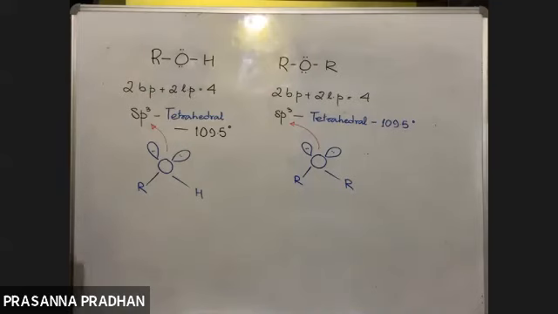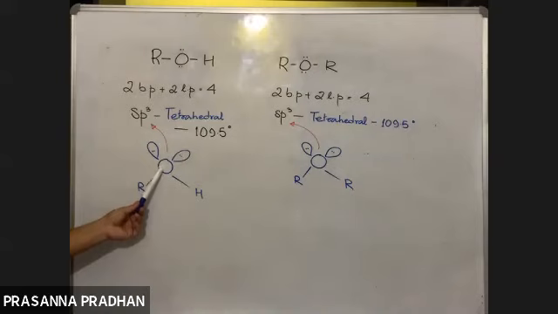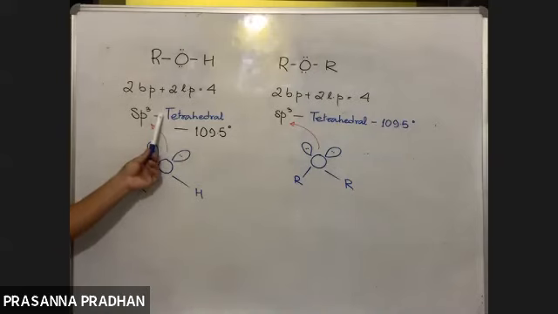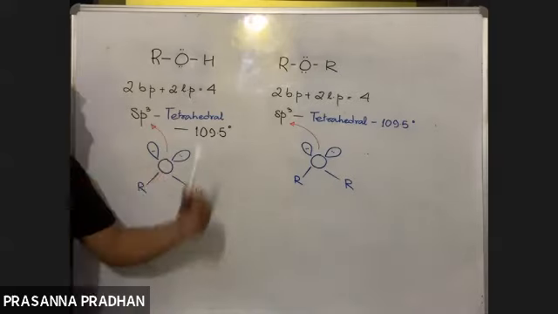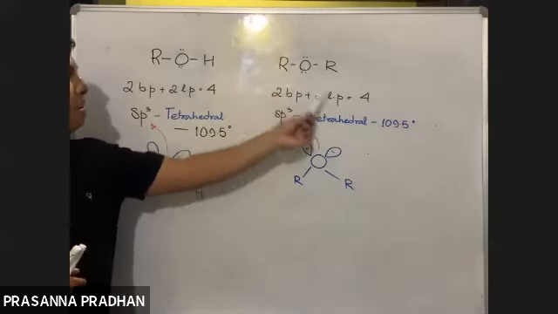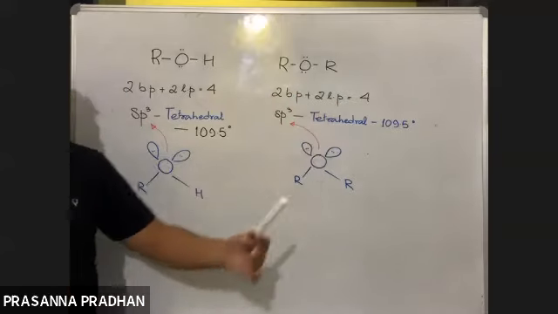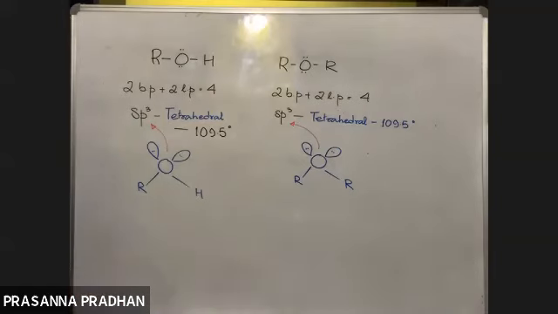According to VSEPR theory, if the total electron pairs is 4, the hybridization is sp3, which leads to a tetrahedral structure, and the expected bond angle is 109.5 degrees. Same for ether. Oxygen is the central atom. It possesses 2 lone pairs, 2 bond pairs. That gives a total of 4 electron pairs. Again, hybridization is sp3, and we expect the bond angle to be tetrahedral.